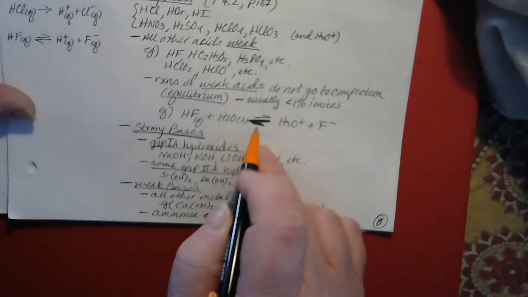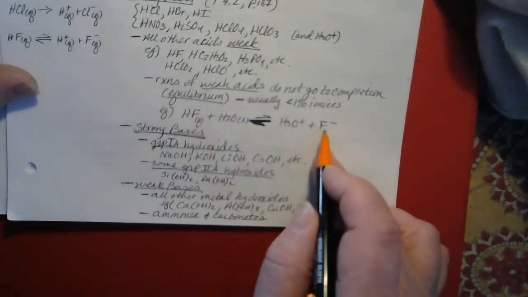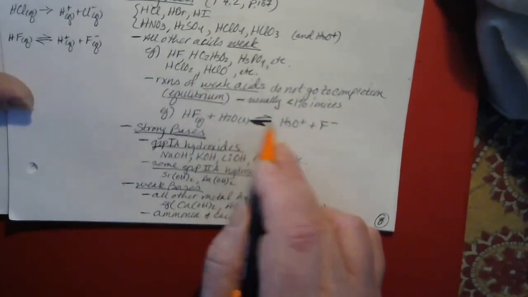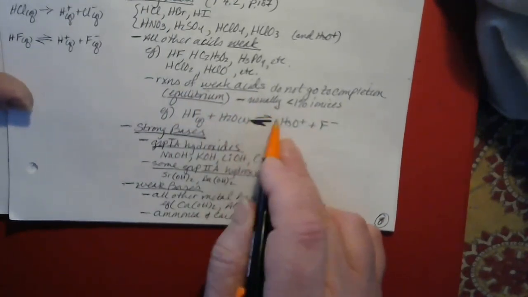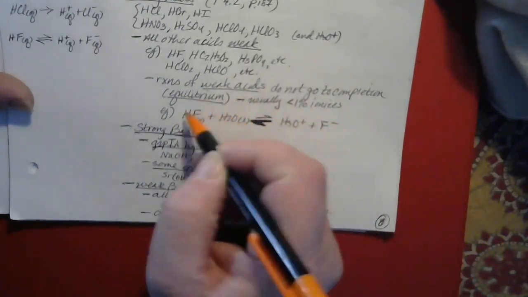Sometimes in reactions that don't go to completion, like the ionization of a weak acid in water, we will make the backward arrow much bigger than the forward arrow to indicate that most of it will actually be found in this form at any given point rather than in this form. But you don't have to do it that way.